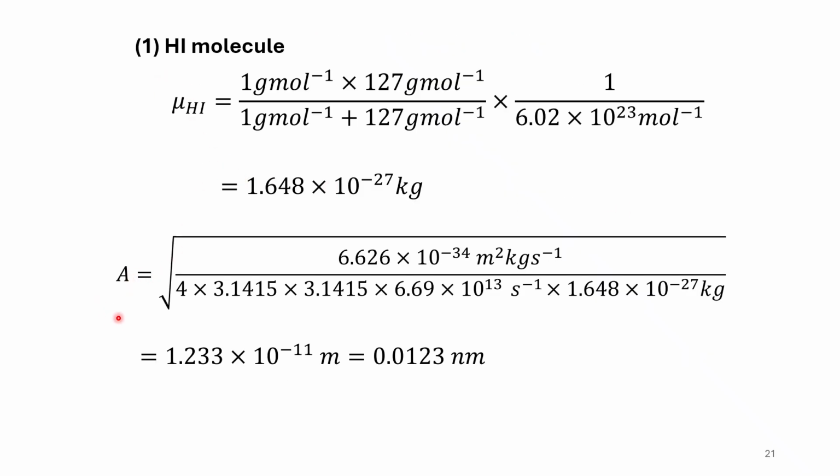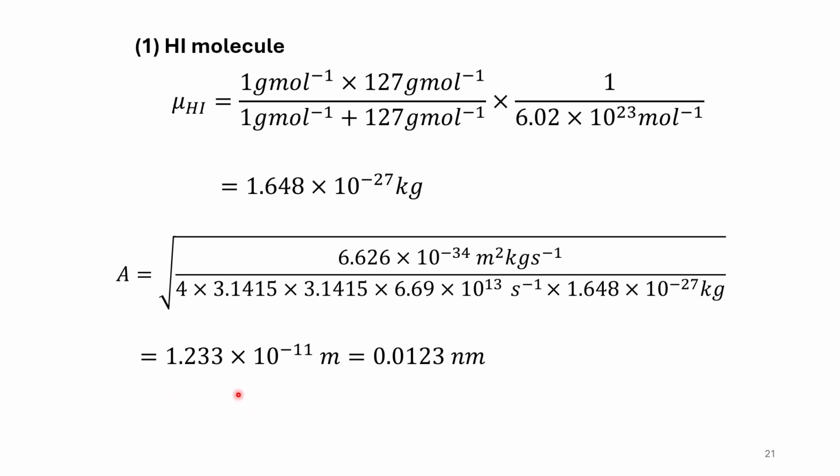To determine the amplitude of hydrogen iodide, first of all, we need to determine the reduced mass. Again, reduced mass is involved in the calculations. I hope that you all understand and can remember how to calculate the reduced mass for a molecule. So the amplitude is related to the reduced mass. You have the Planck constant divided by 4 pi squared, then multiplied by the frequency of the vibrations for HI, multiplied by the reduced mass.